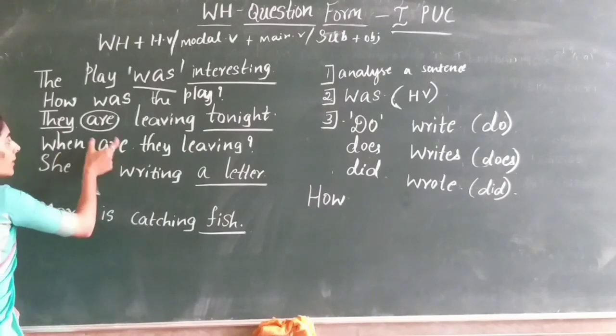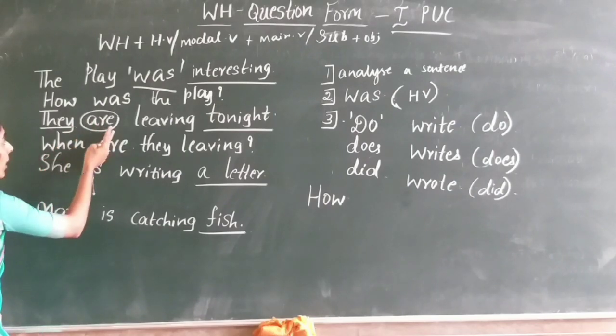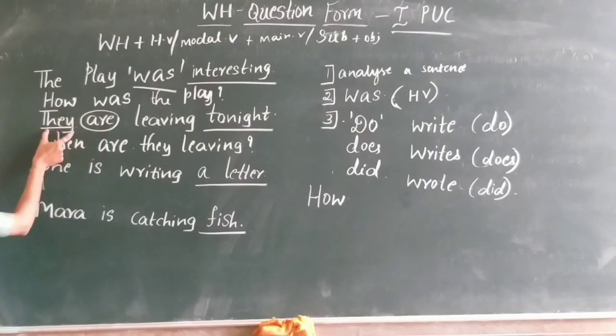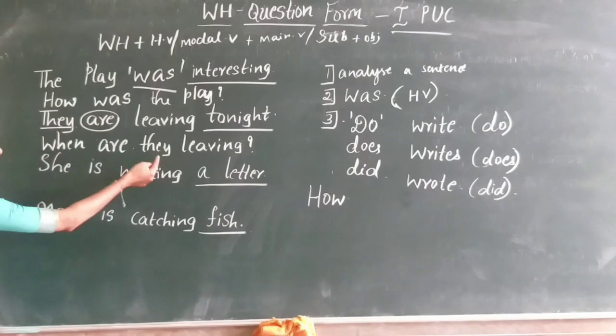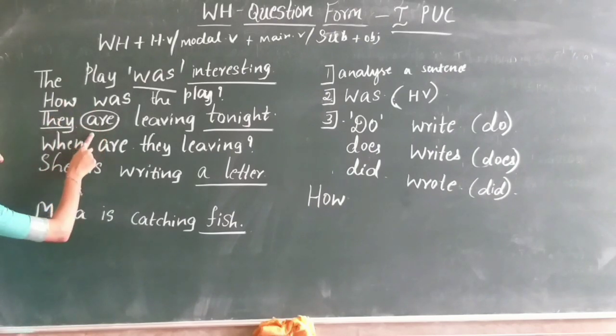When are. So you have to invert. See, this is simple. After writing WH, you have to invert the subject and verb of that sentence. So this is the subject; I have written that after are. Look at this structure. They is the subject and then comes the helping verb.